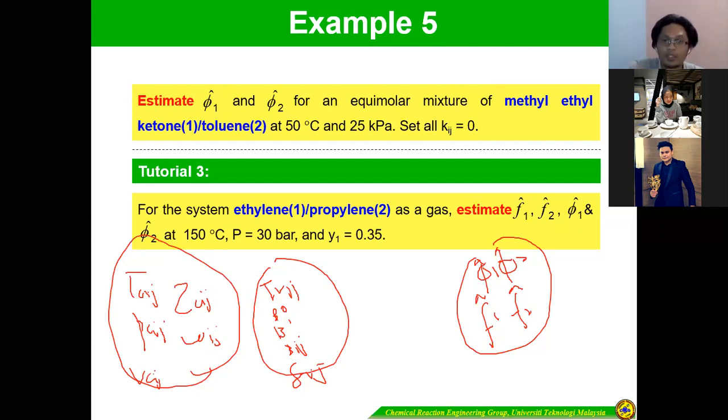Who's here? Participant. Okay, you done? Anyone volunteer to share? Shazlin will share later. Shazlin, share.